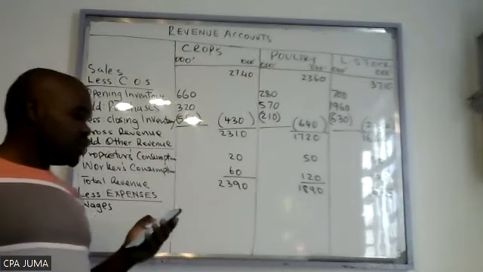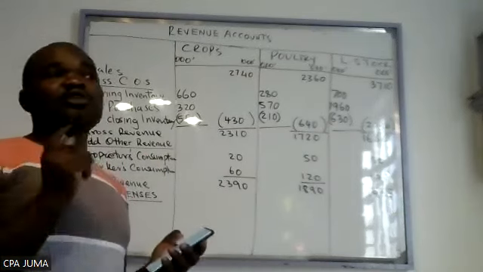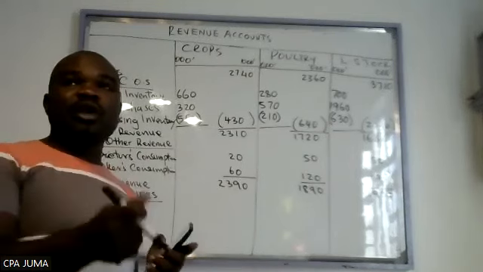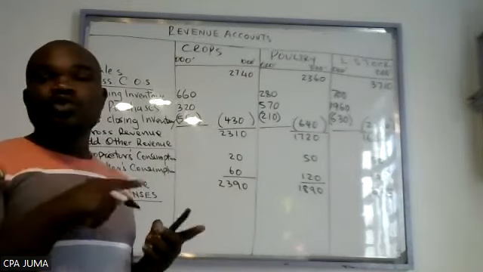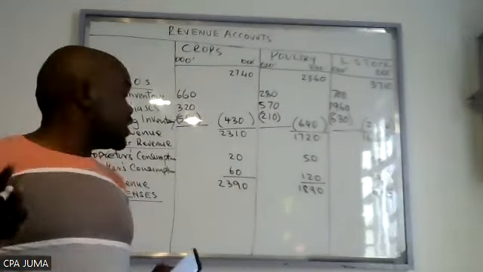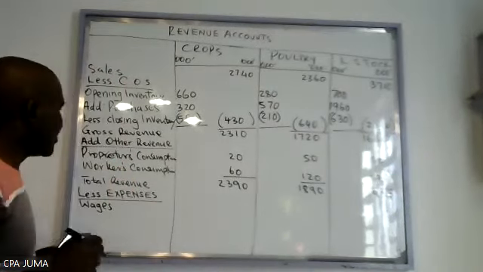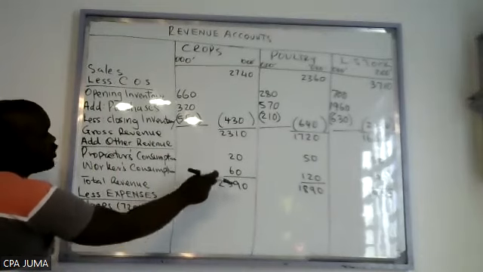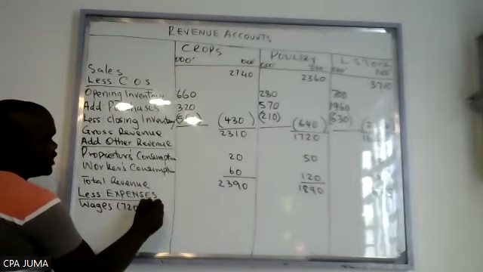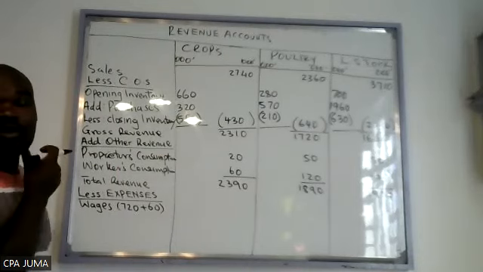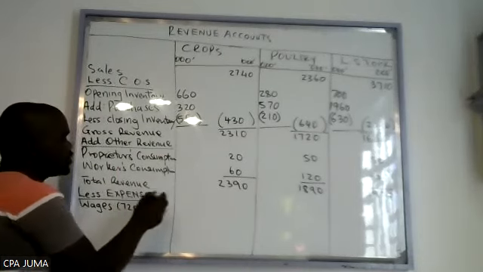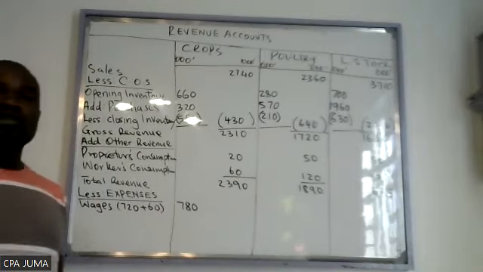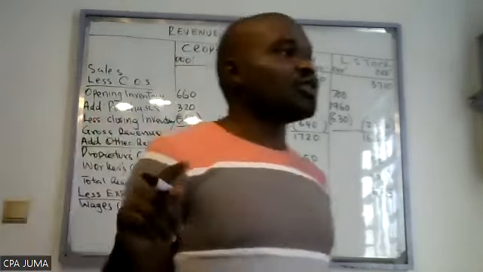No. 720 is what they have been paid. So the assumption is you are paid less what you consume. So to get the total wages, you will take the 720 plus what they consume. Workers consume 60. It means if they could have not consumed, their total wages would have been 780. So we don't subtract the consumption, you add.